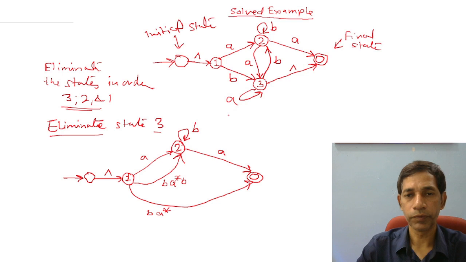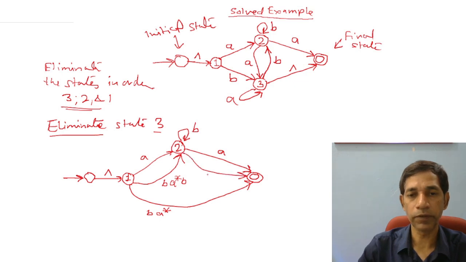Now there is also an edge coming from state 2. For what are you coming from the state 2? For the case of A. For the A you are coming to the state 3, then from 3 you have the loop for the A, and it goes to the final state. This means you should have a direct edge from 2 to the final state. What is the label for this?